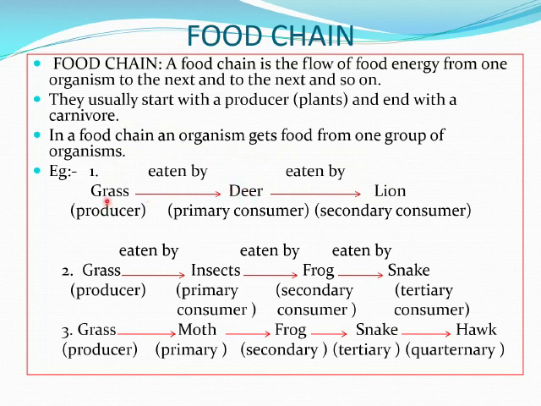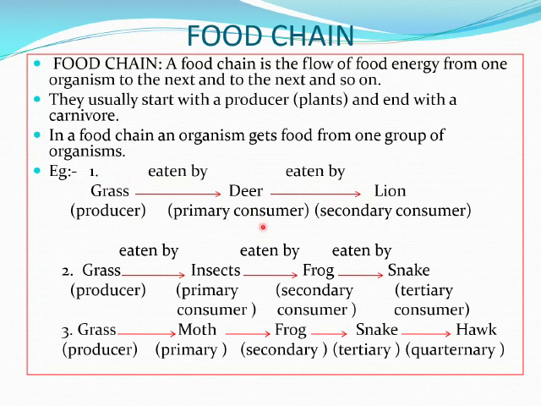So like this, in the food chain, this flow of food energy from one organism to the next and to the next and so on, it will go on. So this is called food chain. As grass produces the food, it is called producer. Deer, as it depends on the grass, is called primary consumer. Lion depends on the deer and hence it is a secondary consumer.